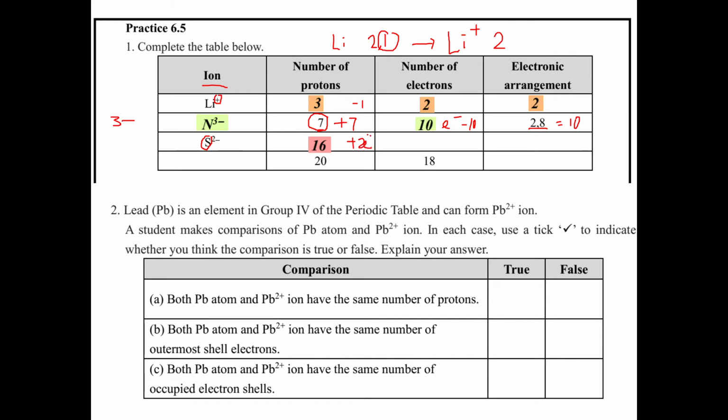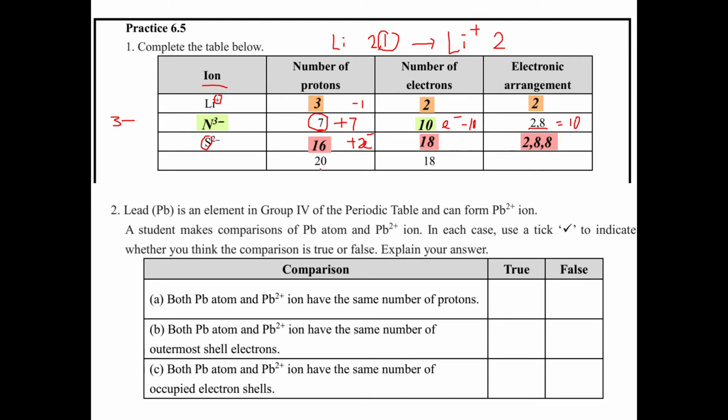So 16 add 2 more electrons will become 18 electrons. Then you classify the total 18 electrons into different groups by the electron shell. The first is 2, then 8, and the last one should be 8. So 2, 8, 8 is the electronic arrangement for the sulfide ion.